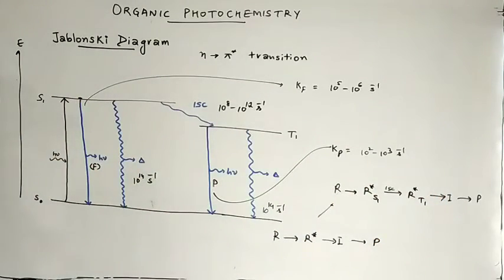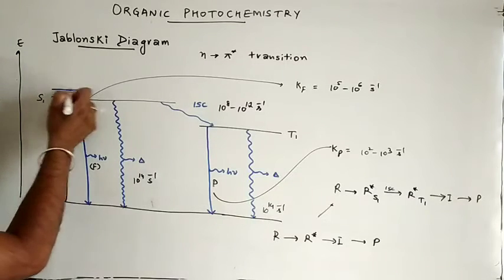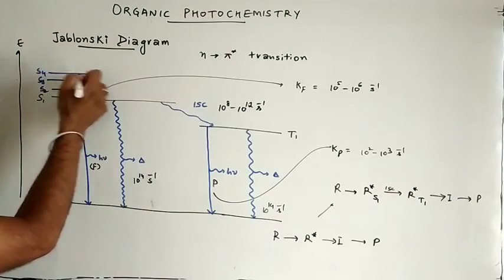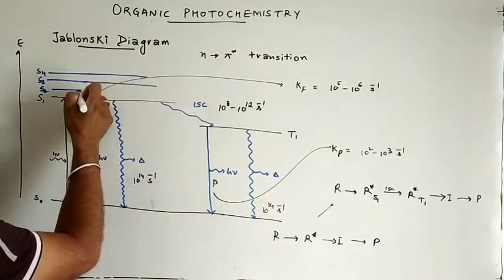Now there is one more question. While studying these Jablonski diagrams, we generally ignore S2, S3, S4. There are not only two energy levels like S0 and S1, there is also S2, S3, and S4. But we generally take S1.